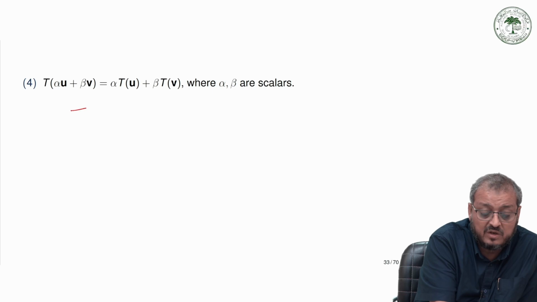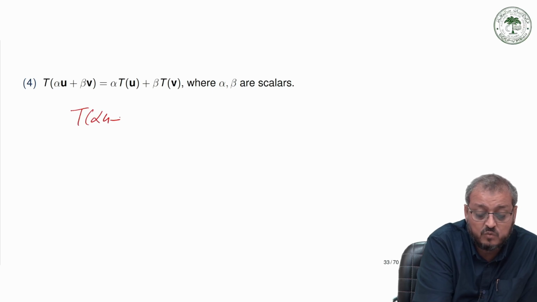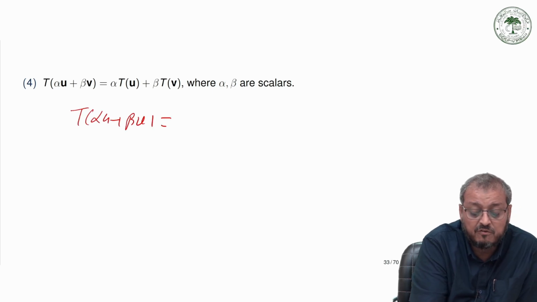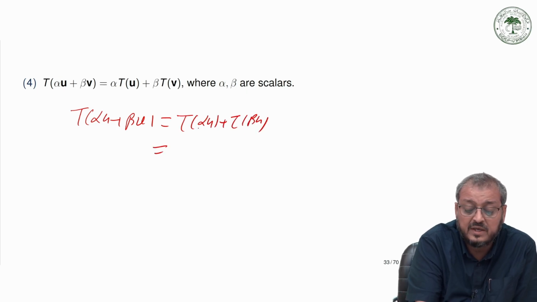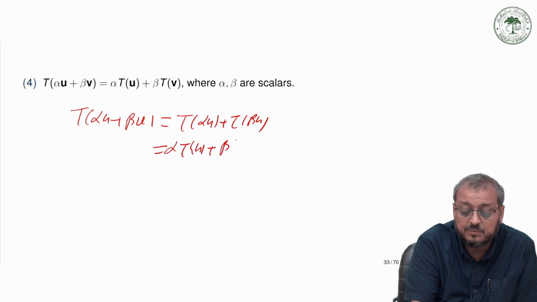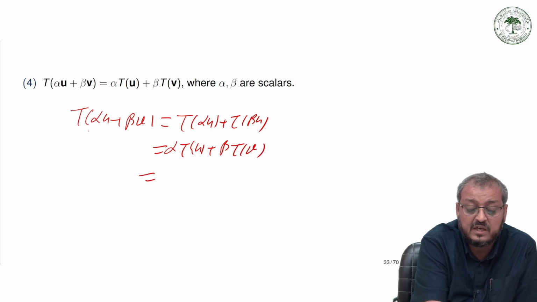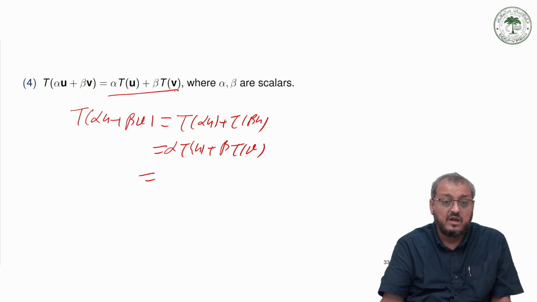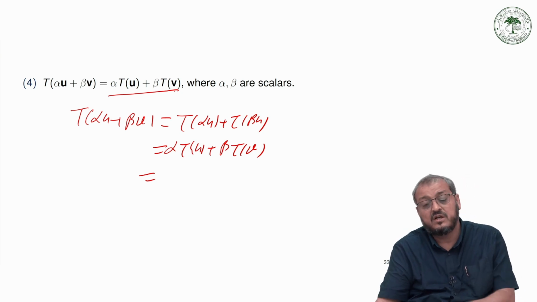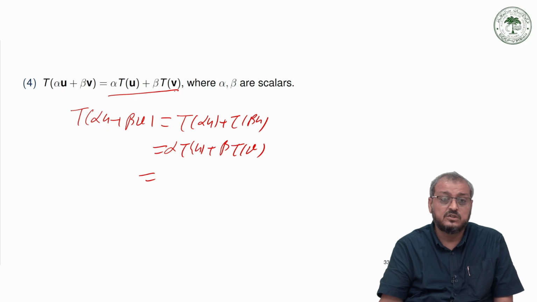We can start from the left hand side, T of alpha U plus beta V. Because T is linear, we can say that T of alpha U plus T of beta V, and then again by the linearity of T we can write alpha times T of U plus beta times T of V, and this is clearly in this form where alpha and beta are scalars. This is a very trivial case.